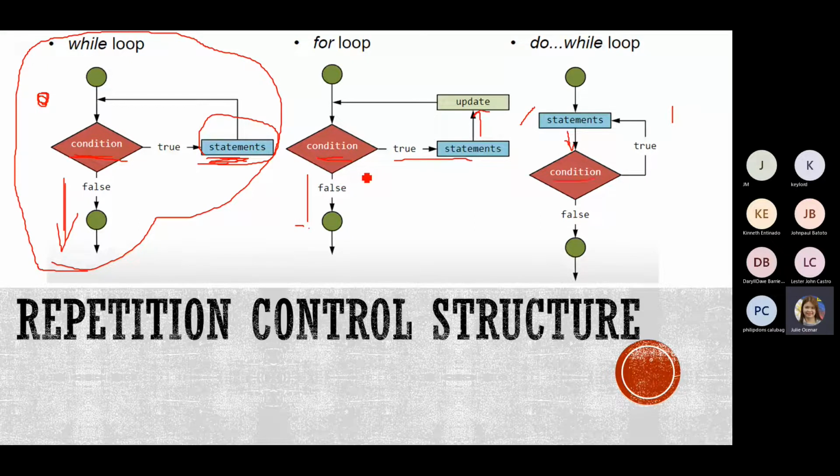Then, kung mag-false man dito, then at least nakapag-execute siya at least 1. Okay? Bago siya nag-stop. Unlike dito, diretso stop siya pag false, at hindi niya ma-execute yung ating statement dito. Yun yung kaibahan ng do while loop at saka ng ating while loop.